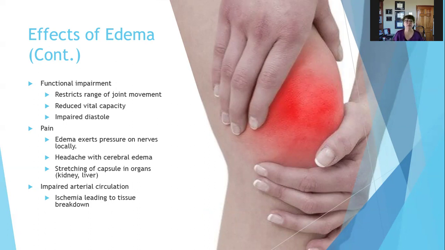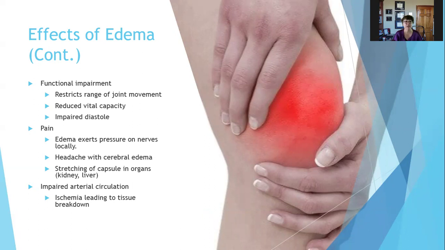Edema can cause pain because it exerts pressure on local sensory nerves. If you have cerebral edema, which is swelling in the brain, pretty serious, it can cause headache. And if you have swelling in organ capsules, the stretching of the capsule, the kidney or liver, can cause pain as well.